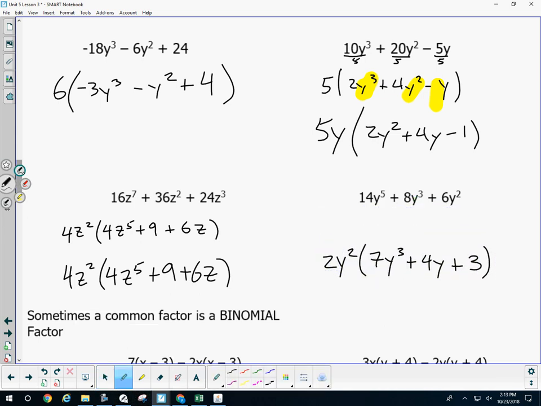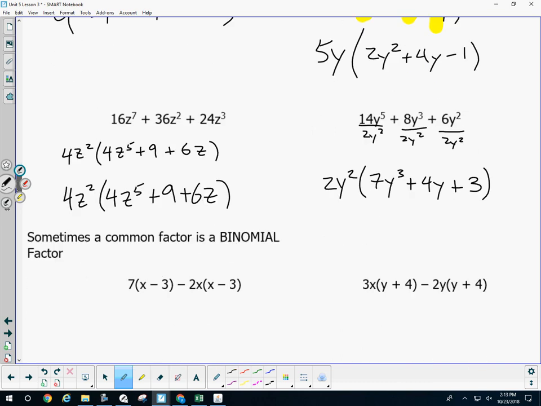Again, if you're not sure how to get the 7y cubed, it's like we're dividing. We've done this before, though. So this is just review. If you only pulled out a y instead of a y squared, you can see I can pull out another y from all those three. And you just keep pulling out things until you can't pull out anything anymore.